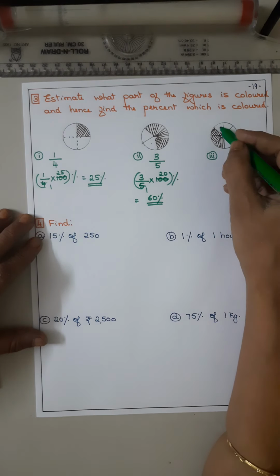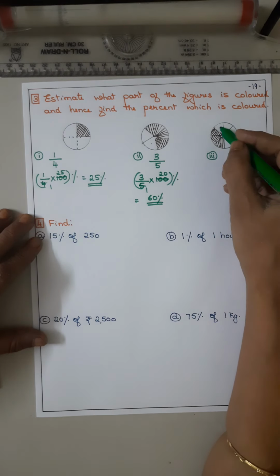Now it is improper, convert it into mixed. 2 threes are 6, 1 remains. 2 sevens are 14, 1 remains. So 37.5%. In decimal, when you write it, it will be 37 point, half can be written as 0.5. 37.5%. Clear?